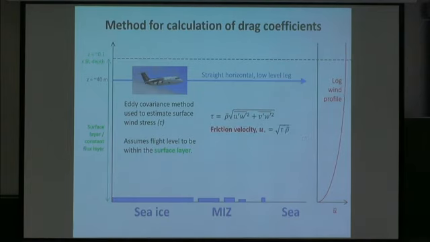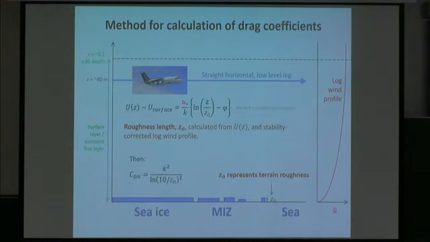From that, you can calculate the friction velocity u-star, and you can use Monin-Obukhov similarity theory to calculate a roughness length based on the wind profile, stability corrections, and the roughness and the friction velocity. And then you can use this to essentially calculate a neutral drag coefficient based on the roughness length, the aerodynamic roughness length.